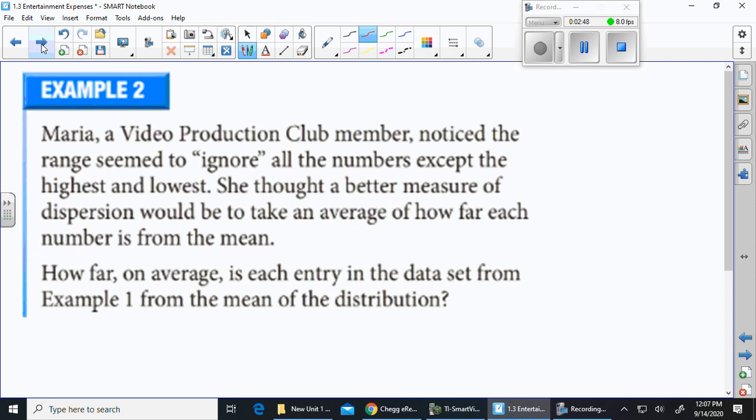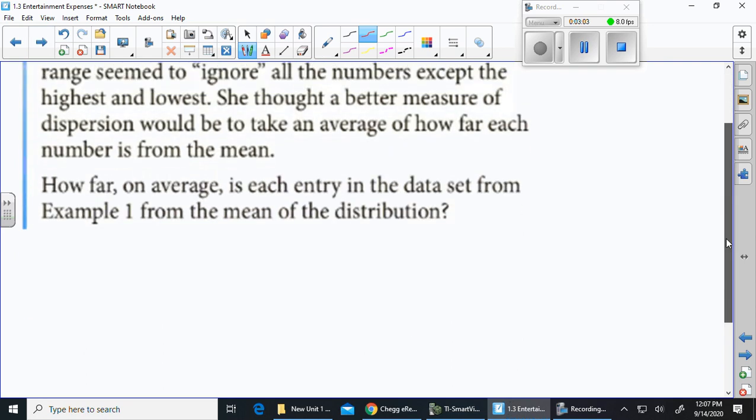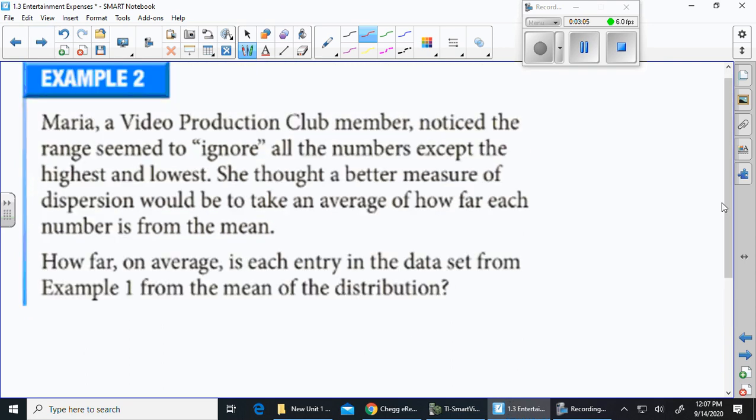So what we started to talk about was the distance each entry was from the mean. A better measure would be to take an average of how far each number is from the mean.